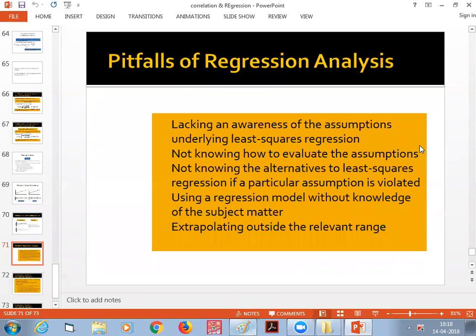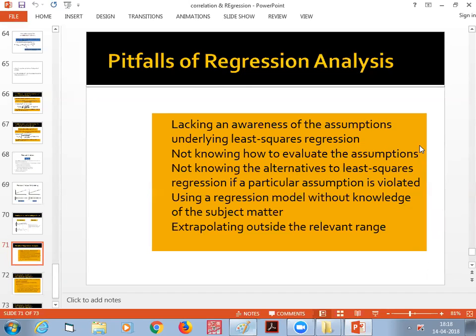The different values of x estimate the value of y only to some extent. If you go outside the range boundary, it may not be correct to say this is the estimated value of y for the given value of x. So it is applicable only within the relevant range.